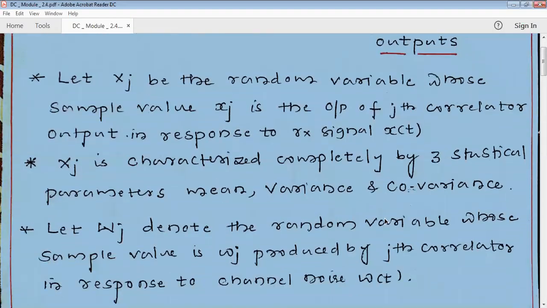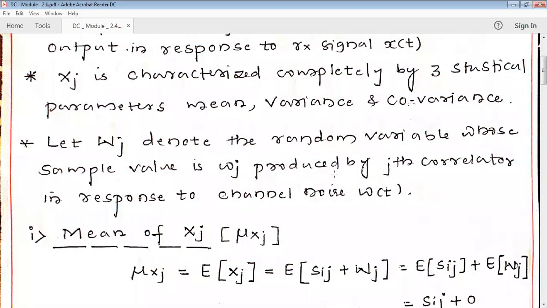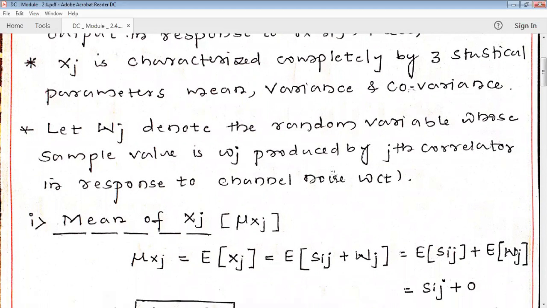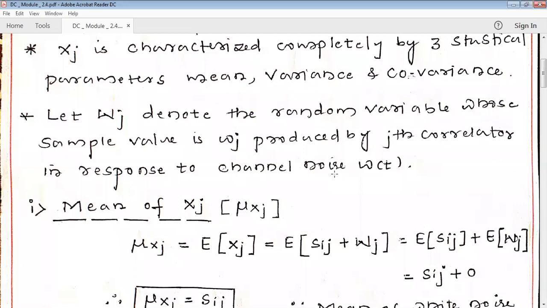Let Wj denote a random variable similar to Xj, which is a random variable when the input signal is x of t. And the sample value of this random variable Wj is denoted by small wj, which is produced at the jth correlator in response to the channel noise w of t.